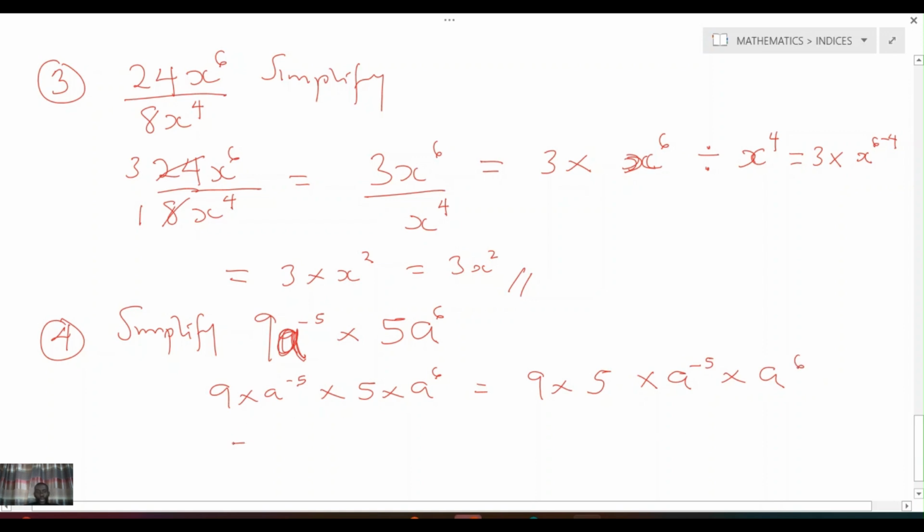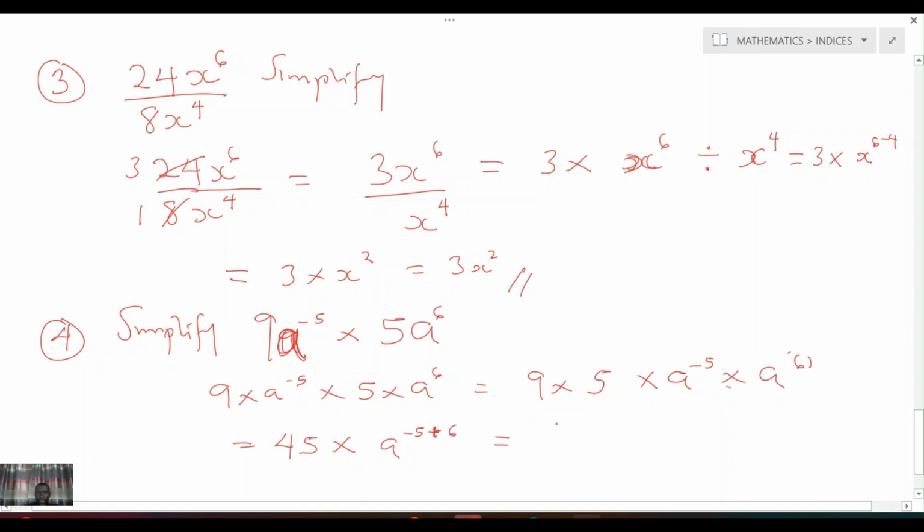And we know this is equal to 9 times 5 is equal to 45, times a raised to power minus 5. Because they are multiplying each other, their power will be added together, plus this power here, 6.